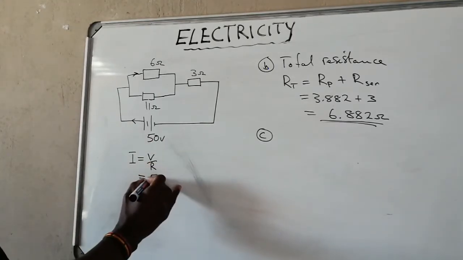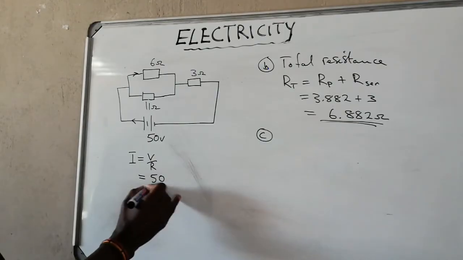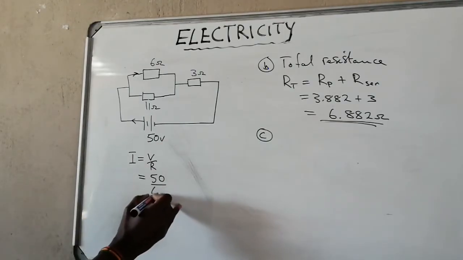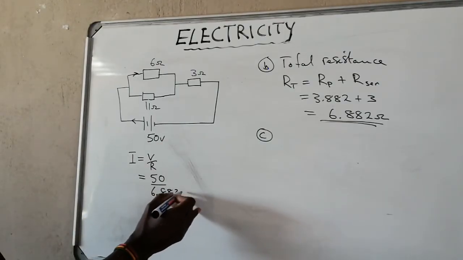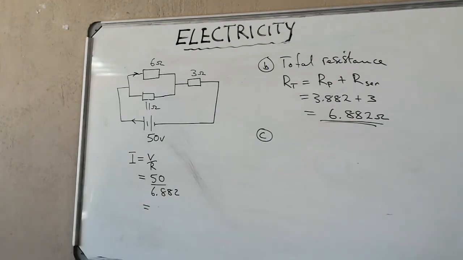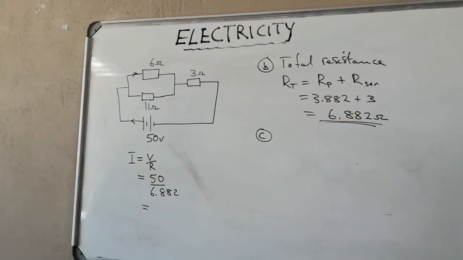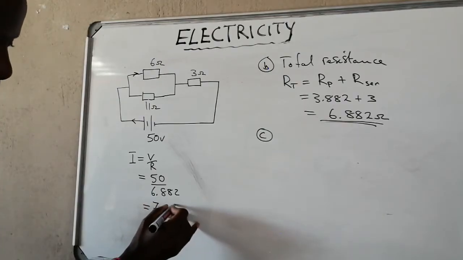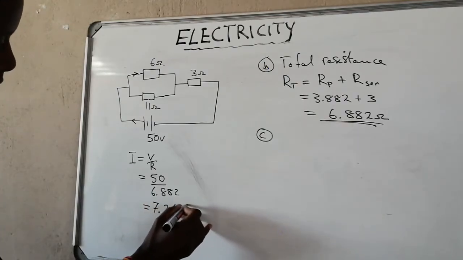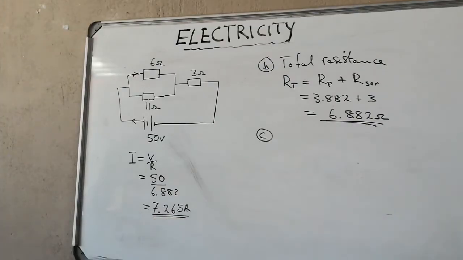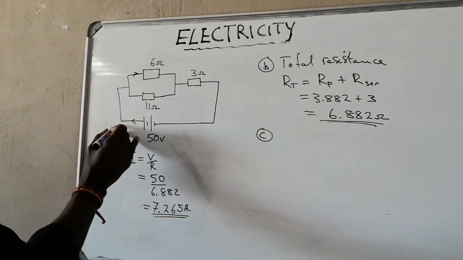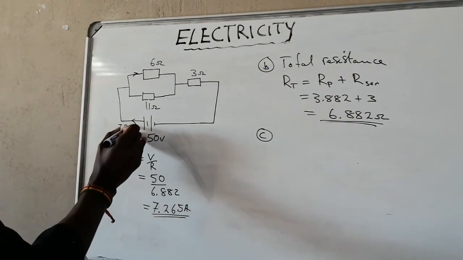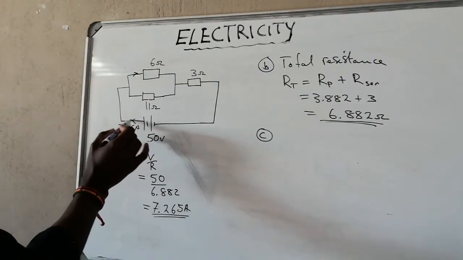Our voltage is 50 volts. Our resistance is 6.882. Our current that leaves the battery is 7.265 amps. So 7.265 amps leaves our battery.